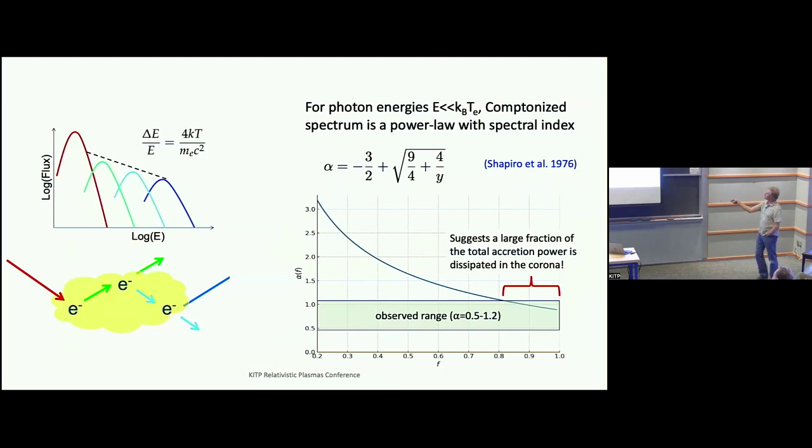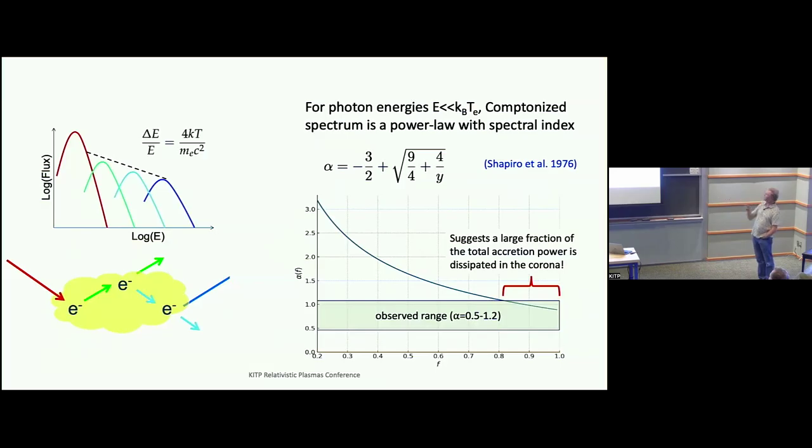So if there's a small fraction of energy released in the corona, then the predicted spectrum is actually quite steep. So it's a very, very soft spectrum. And it gets harder and harder as you release more and more energy in the corona, bottoming out at about 0.8 or so.